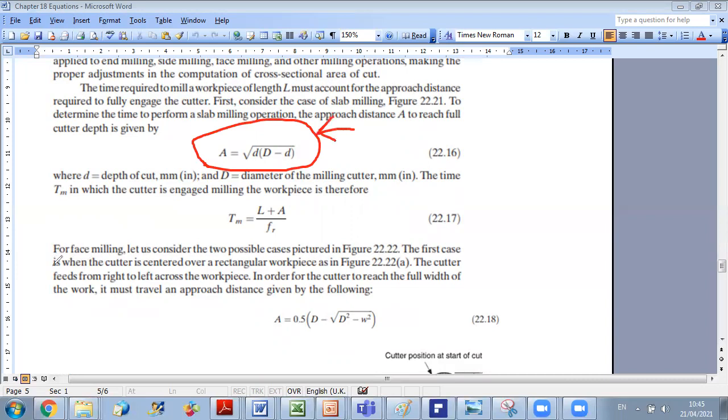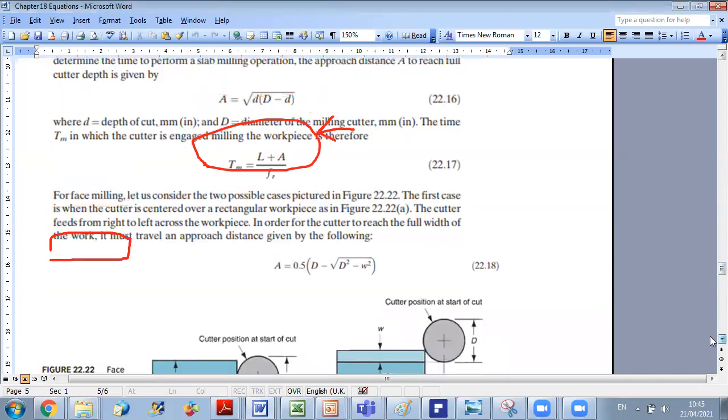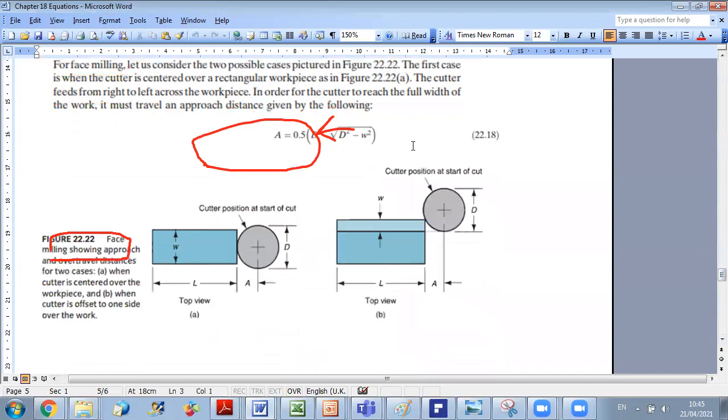Now we will consider face milling. In face milling, we also have several relative positions between the work part and the cutter. Let us see in the picture two possible positions for face milling: when the cutter is centered over the workpiece, and when the cutter is offset to one side of the work.